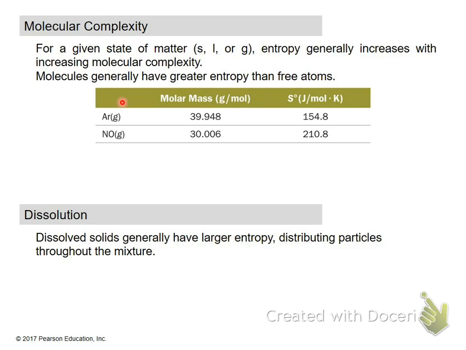Argon has a higher molar mass, but nitrogen monoxide is a more complex molecule because it contains 2 atoms, versus 1 for argon. The standard molar entropy is 210 for nitrogen monoxide and only 155 for argon.